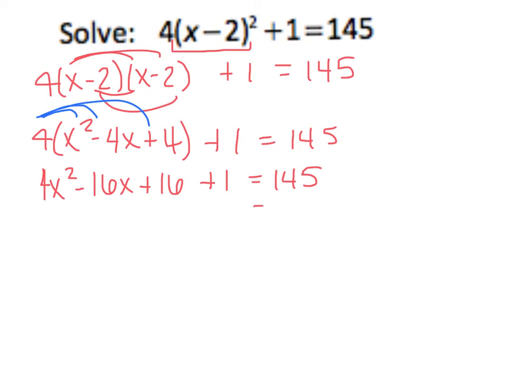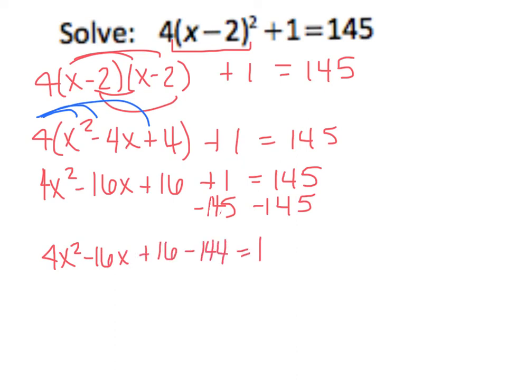So I'm going to go ahead and subtract 145 from both sides. So 4x squared minus 16x plus 16 minus 144 equals 145. Whoops, nope, equals 0 now, sorry.